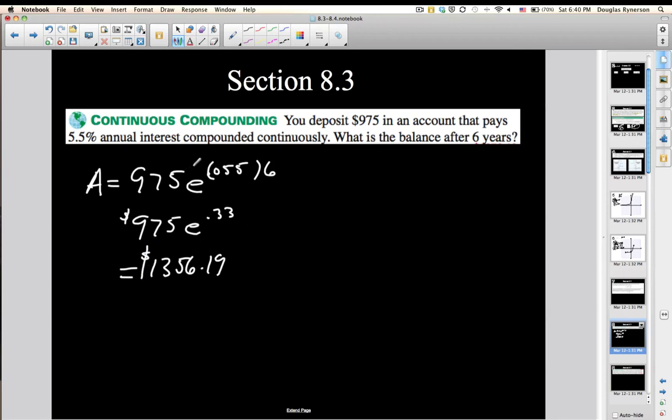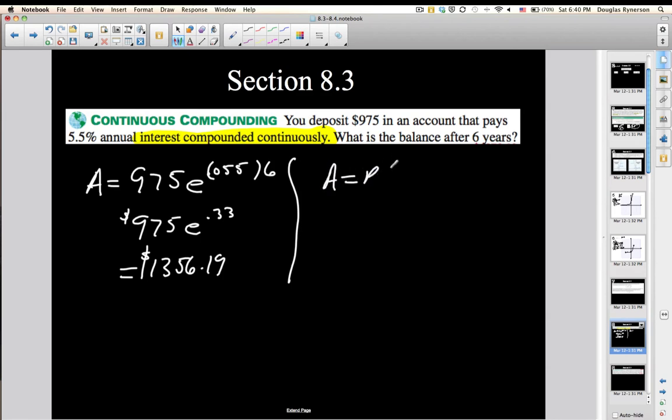So the key thing you need to look for in any kind of an interest problem is this statement right here: interest compounded continuously. If it says compounded continuously, you're going to switch from the other function, right? We learned this one already.